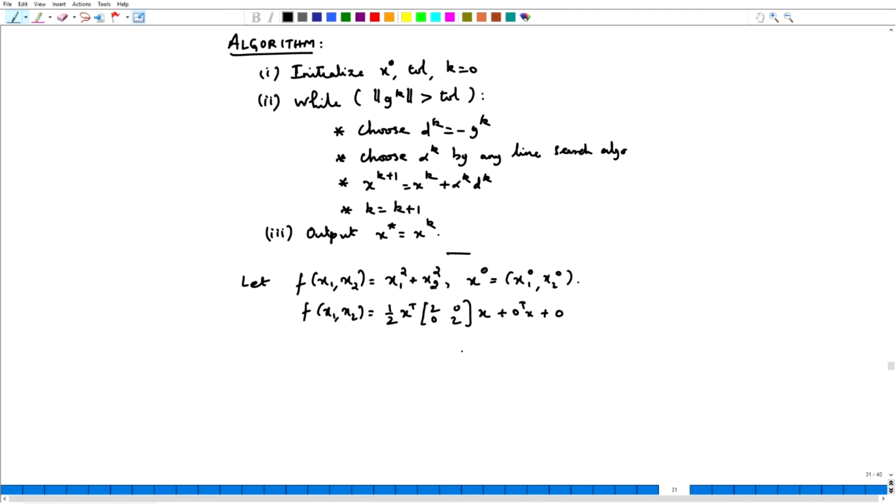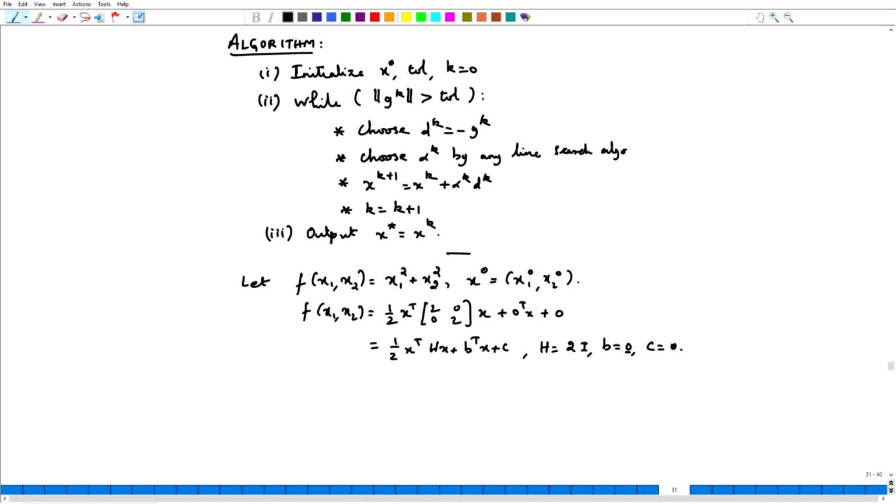So, this is of the form half x transpose h x plus b transpose x plus c, where h is 2 I, b is the 0 vector, and c is a 0 scalar. Given these values h, b and c, we know how to find alpha k.